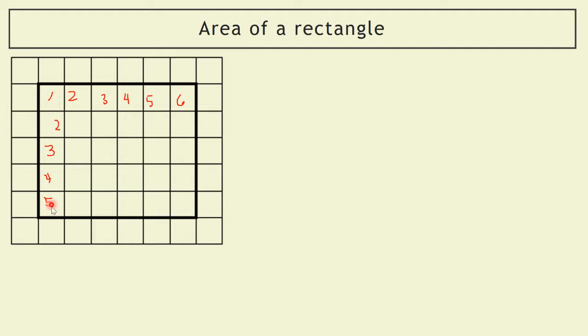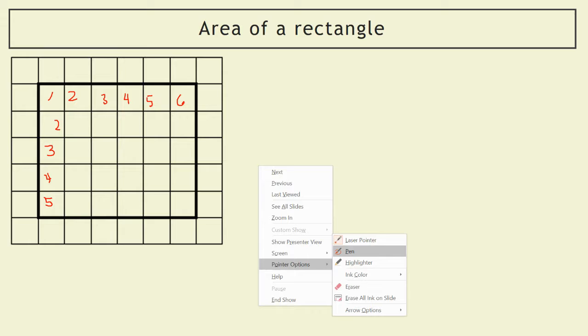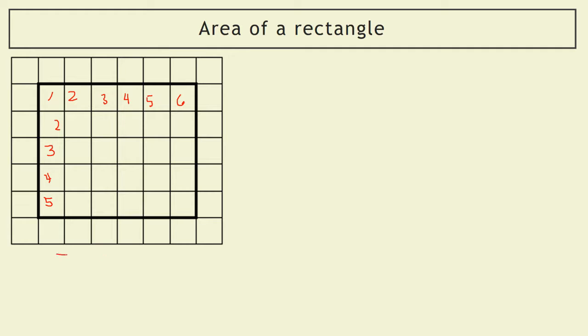We've got 5 rows. How many altogether? We've got 5 lots of 6. And if each one of those is a centimeter again, the area will be in square centimeters. If they're in meters, it would be in square meters. If it was a kilometer even, it would be in square kilometers.